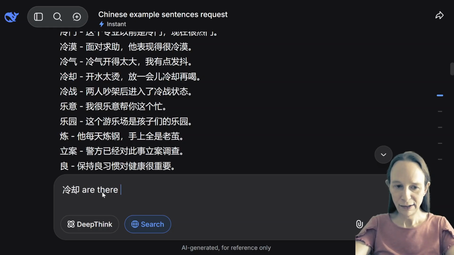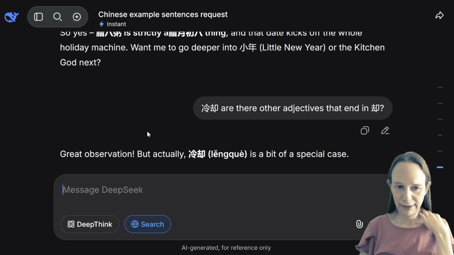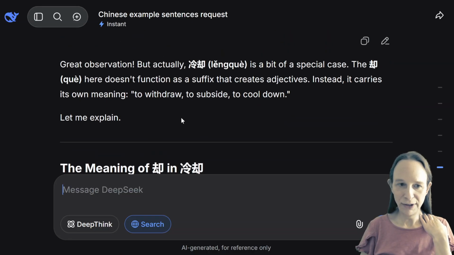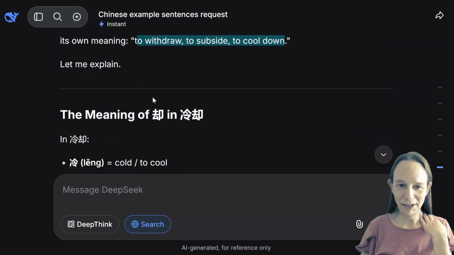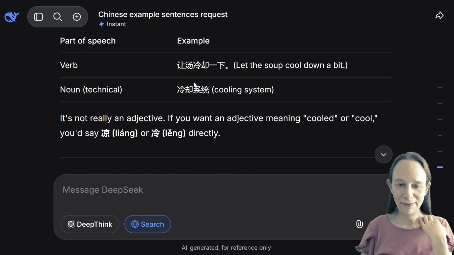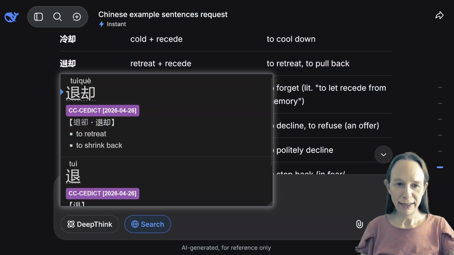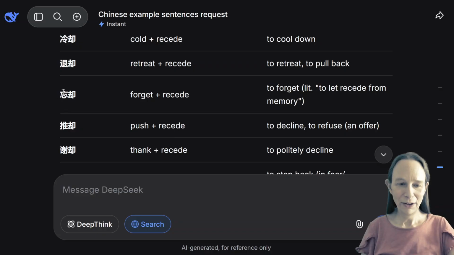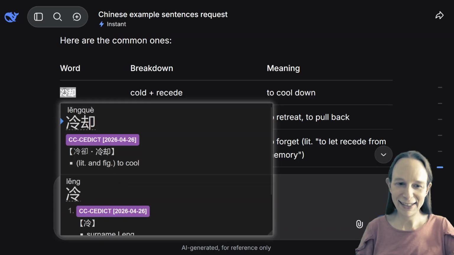Are there other adjectives that end in 却? I think they're a bit of a special case. Ah, yeah, that's what I thought. Okay, so it is just an irregular case. 冷却. This one. Yeah, 忘却. Yeah, I'm not wrong. These are verbs. This functions as an adjective, is it?